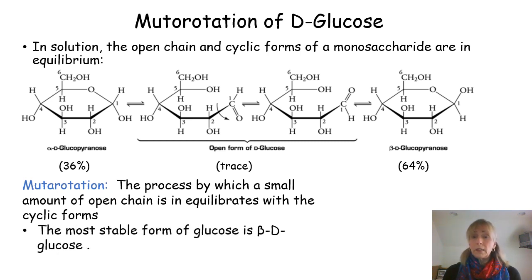And that's because the most stable form of glucose is that beta D-glucose, okay? So remember how we said earlier that oftentimes we add another layer to the name, based upon the fact that it looks like a pyran. So notice the names here: alpha D-glucopyranose.